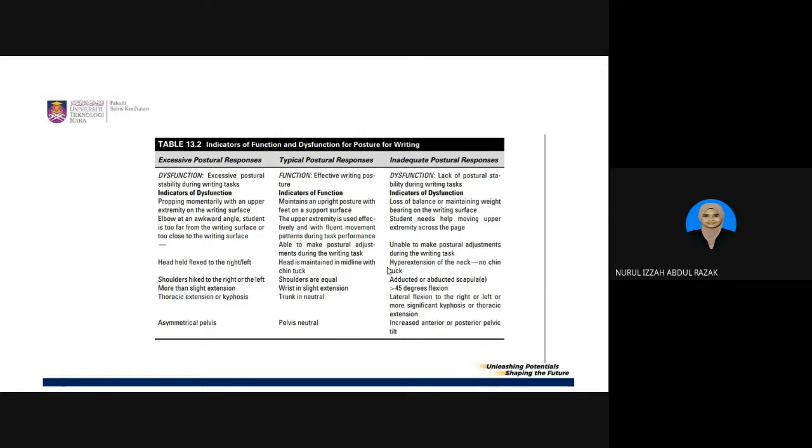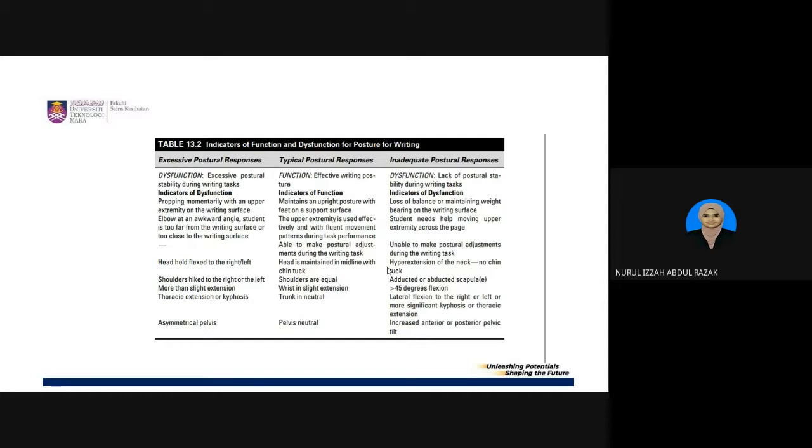While for the dysfunction part, an example is a lack of postural stability during the task, such as losing balance or maintaining weight bearing on the writing surface. The student needs help moving the upper extremity across the page, is unable to make postural adjustments, and has hyperextension of the neck with no chin tuck, then adducted scapula within 45 degrees flexion.